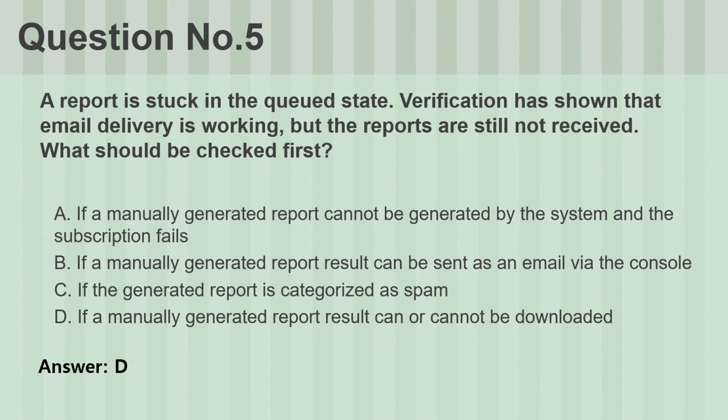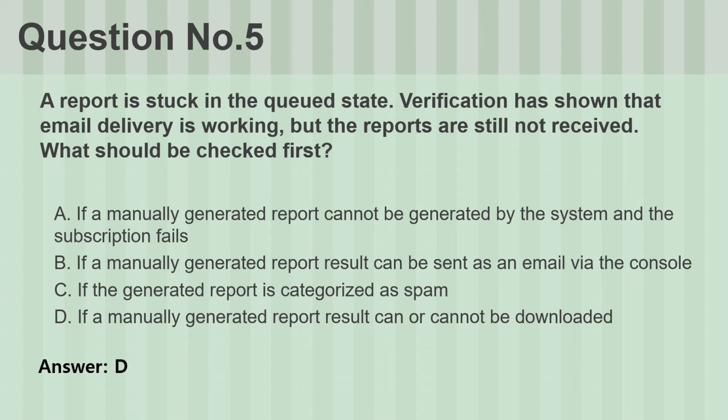Question number 5. A report is stuck in the queued state. Verification has shown that email delivery is working, but the reports are still not received. What should be checked first? A. If a manually generated report cannot be generated by the system and the subscription fails.